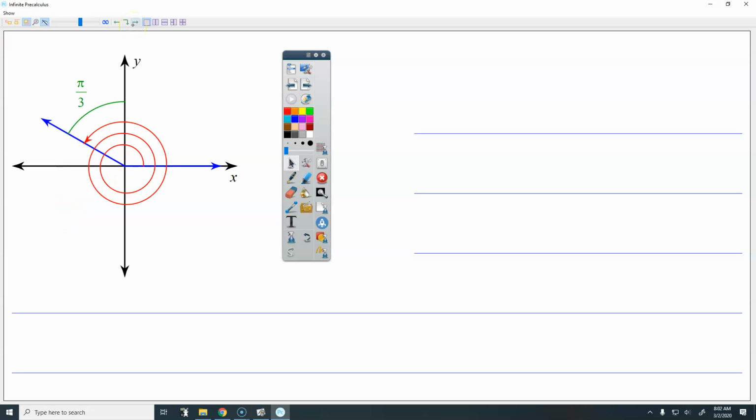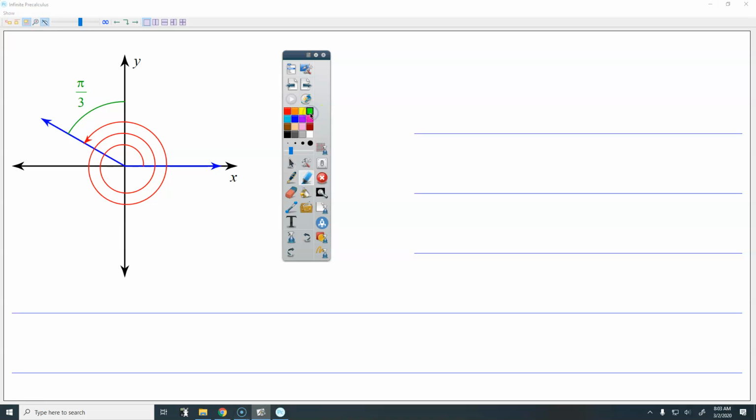Just so you guys know, when you're sketching this, there's 1, 2 full circles, and then you go all over here to that. So as you're sketching it, 2 full spirals, and then a loop over to the pi over 3 there. So, here we go.